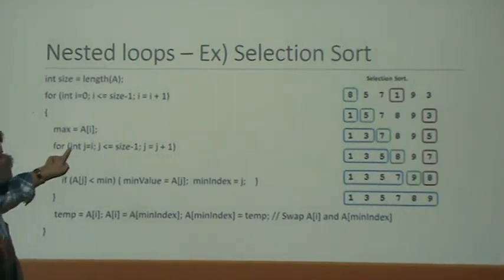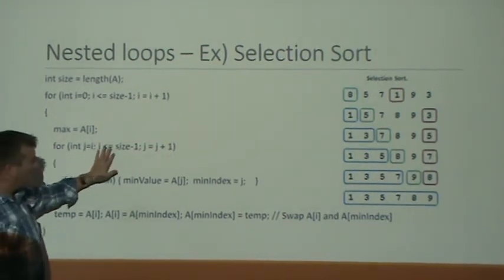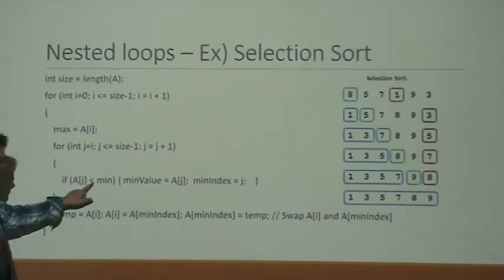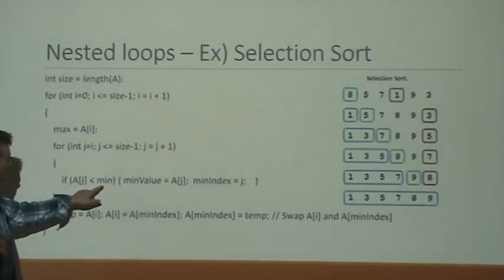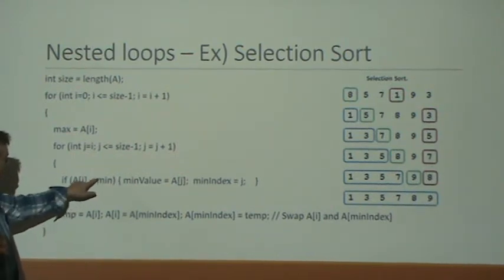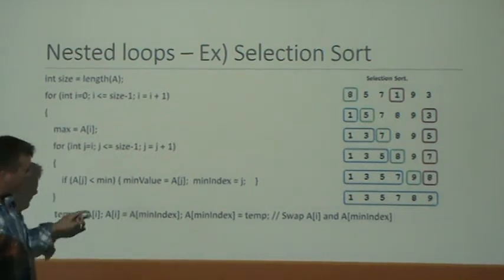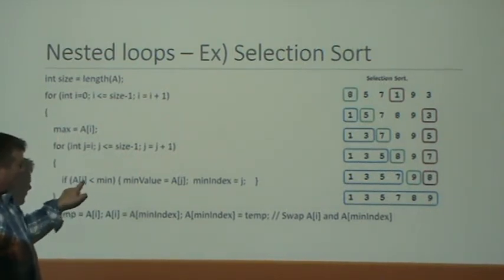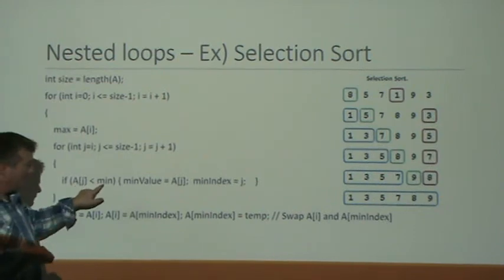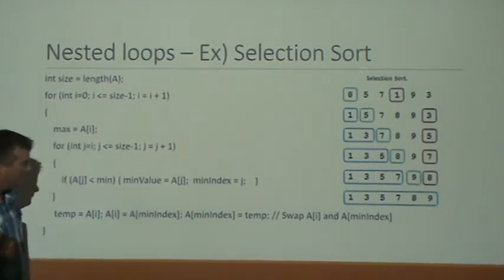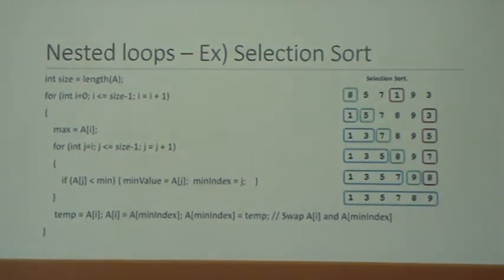And then we're going to say for j equals I all the way through the end of the array, if the value we read is less than the minimum value, so that should actually be minimum, sorry about that, then we update the index where it is and we update the value. We update the minimum value and we update the index.